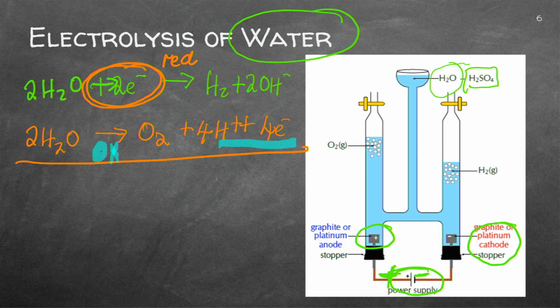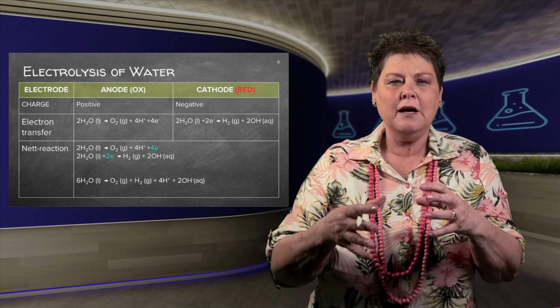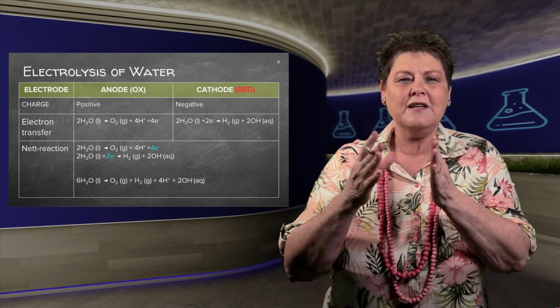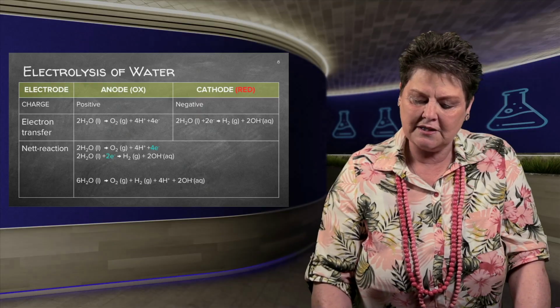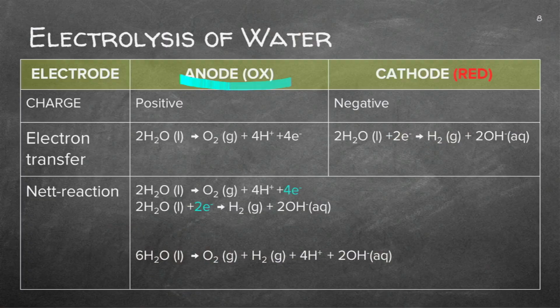I put this into a table so that you can actually grasp it, very similar to the previous type of electrolysis. The anode, AN OX, cathode. It's the positive and negative charges of the electrodes. So this anode is a positive pole, then the cathode is the negative pole. So what's going to happen?